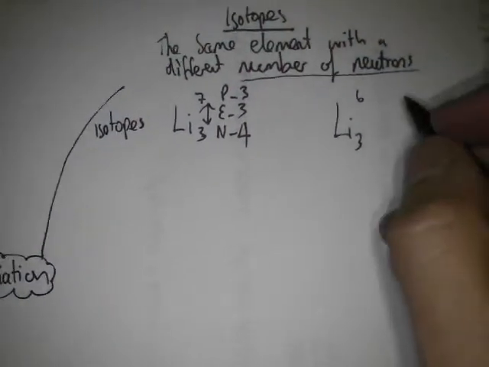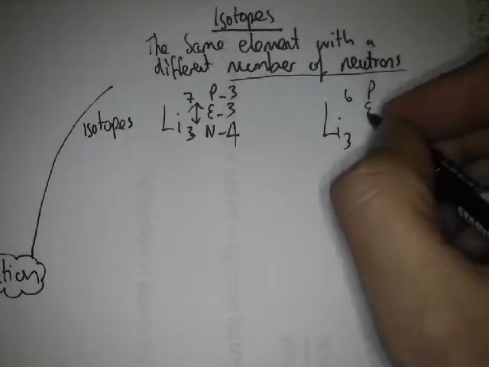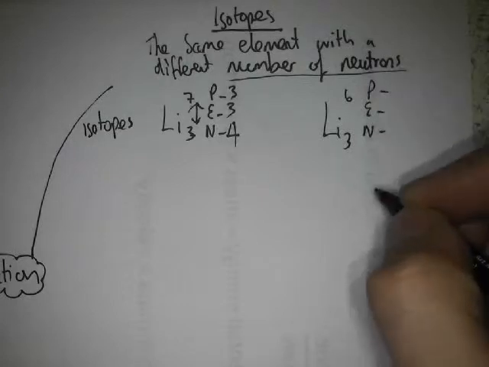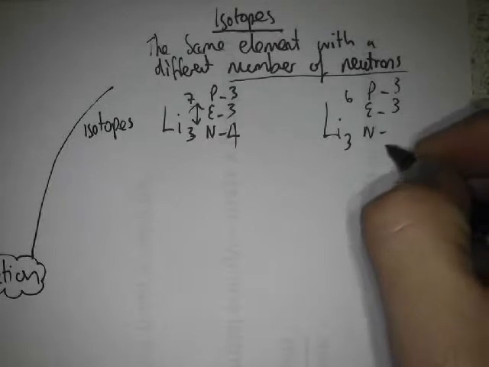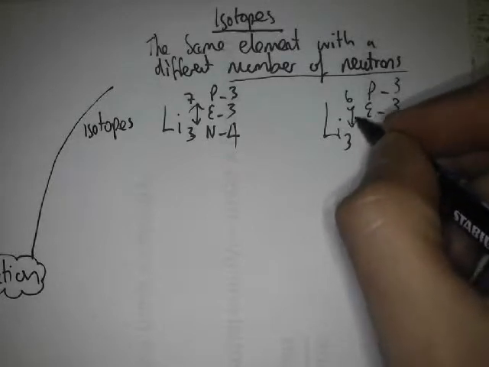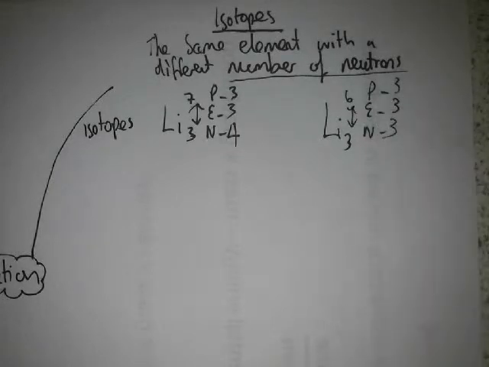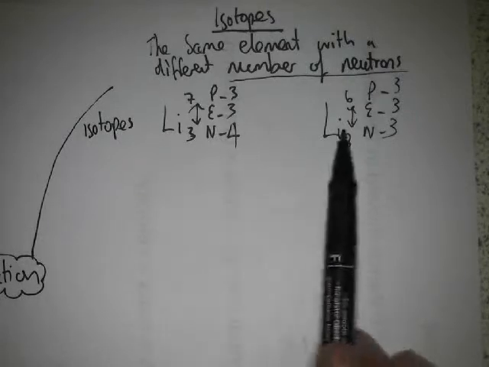is how many neutrons. So over this side, your protons and electrons, with them being the smallest number, they are going to be the same. But neutrons, the difference this time is 3. So that is what an isotope is.